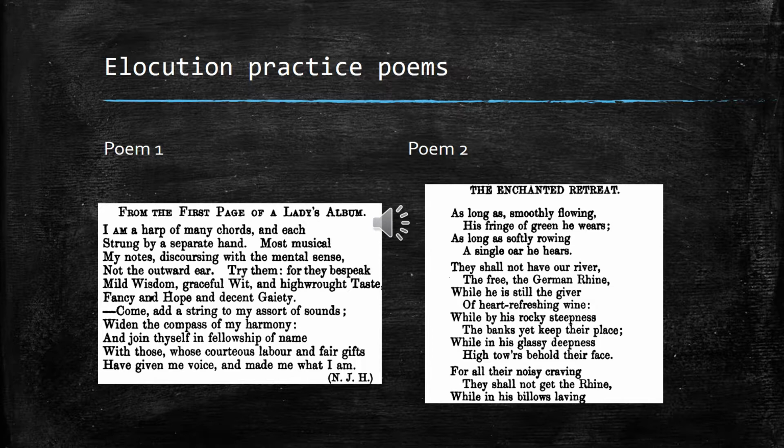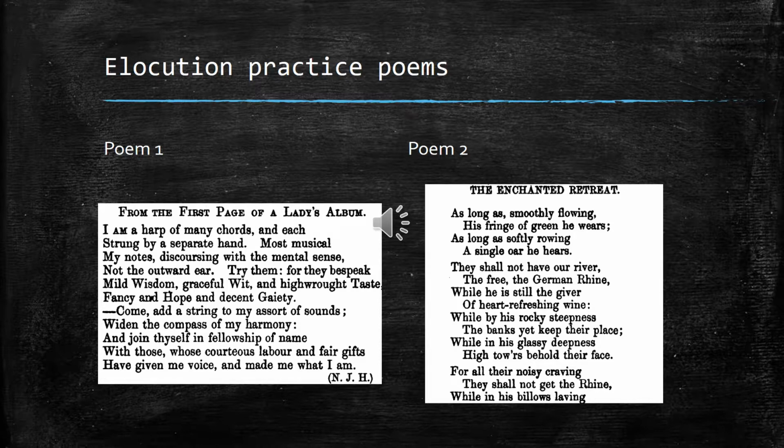Try them, for they bespeak mild wisdom, graceful wit, high-wrought taste, fancy and hope and decent gaiety. Come, add a string to my assorts of sounds, widen the compass of my harmony, and join thyself in fellowship of name with those whose courteous labor and fair gifts have given me voice and made me what I am.